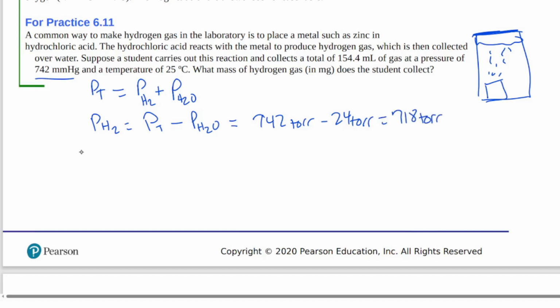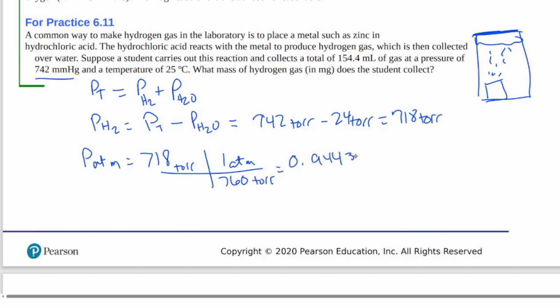Okay, and so our partial pressure in atmospheres is equal to 718 torr, and we convert it to atmospheres. 760 torr is 1 atmosphere. And that's equal to 0.94477 atmospheres.